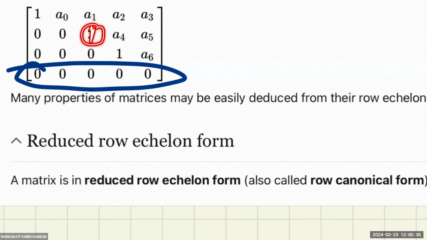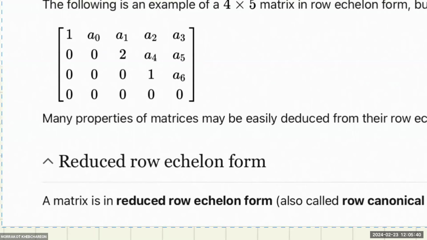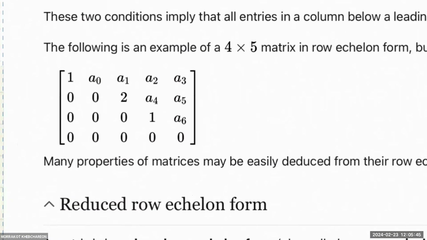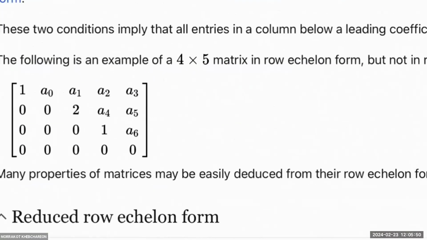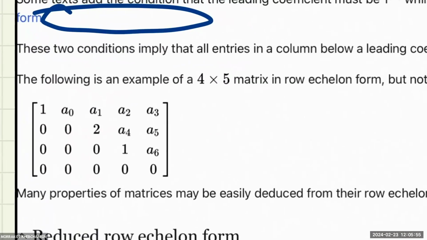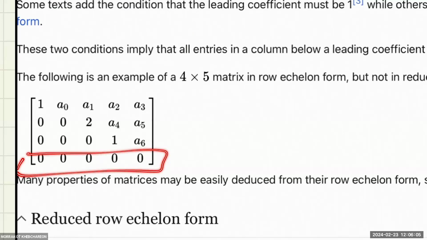In this matrix, the zero rows stay on the bottom, and the pivots stay to the right.